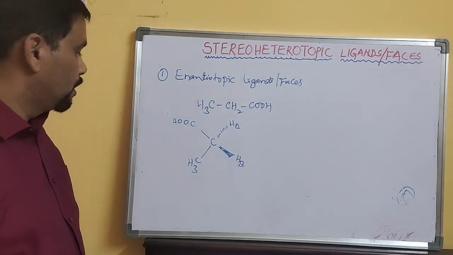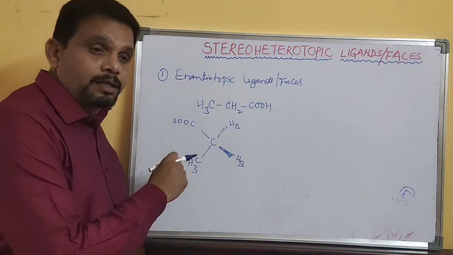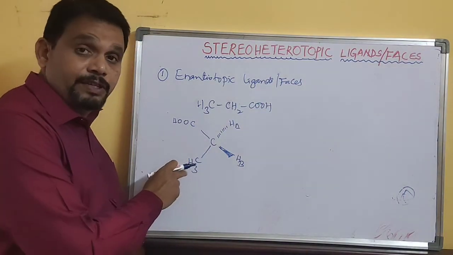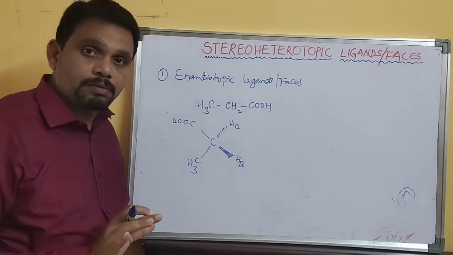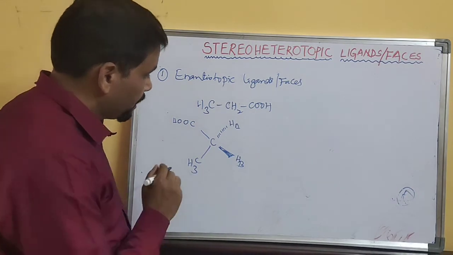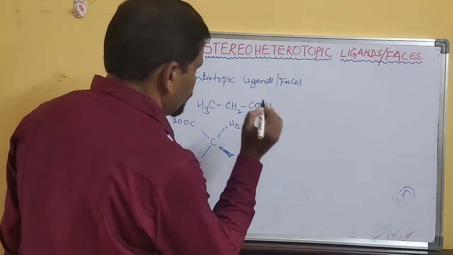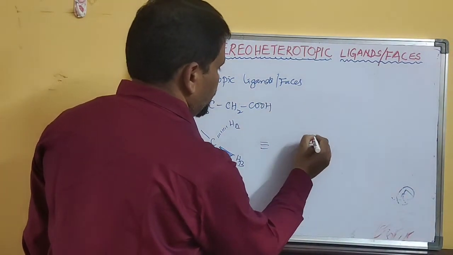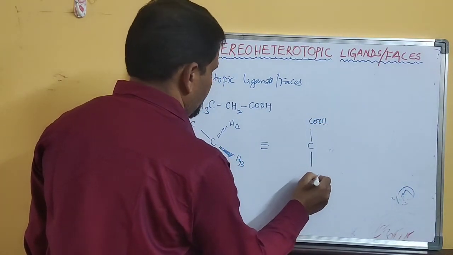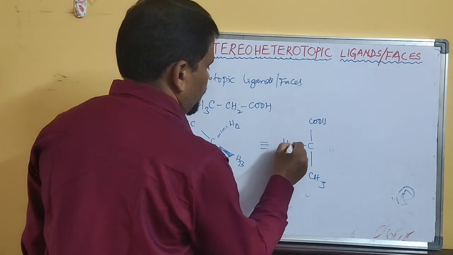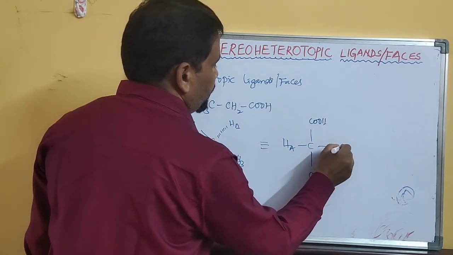Okay, so is there any Cn axis of symmetry in this molecule? If you look at it, no, not possible. But for your convenience, you can write like this: COOH and CH3, Ha and Hb.